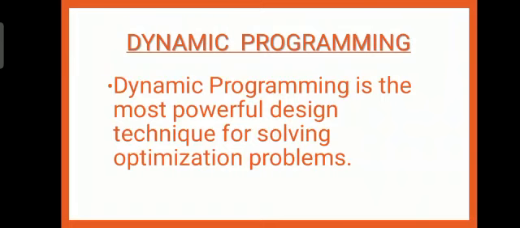Mostly, these algorithms are used for optimization. Before solving the in-hand subproblem, dynamic algorithms will try to examine the results of previously solved subproblems. The solutions of subproblems are combined in order to achieve the best solution.